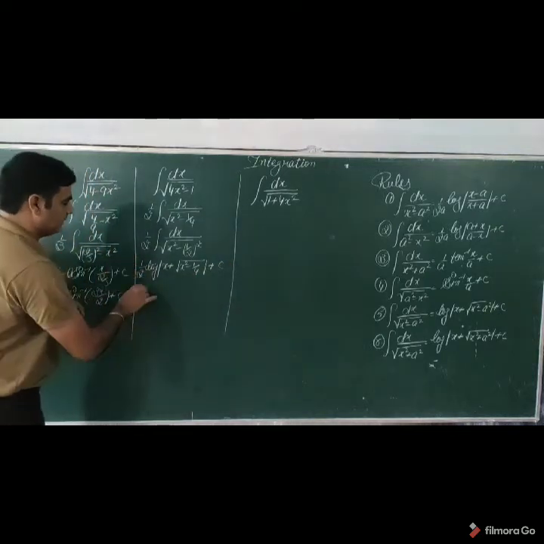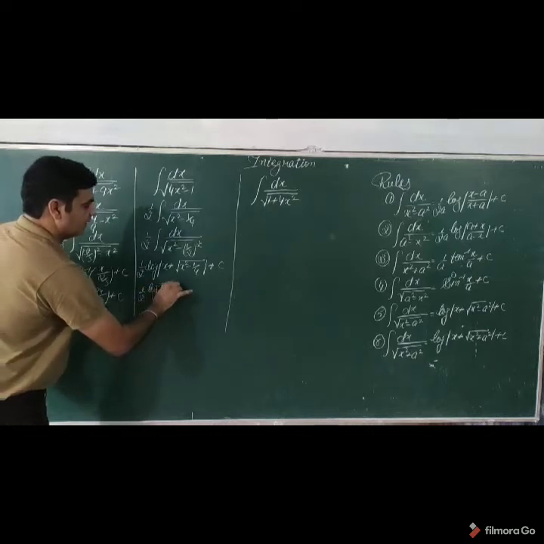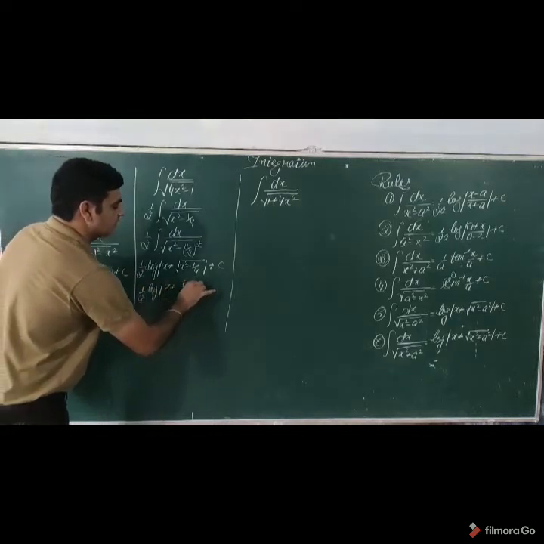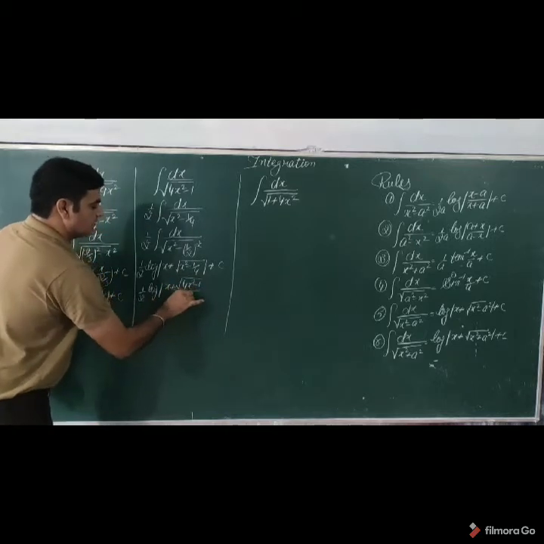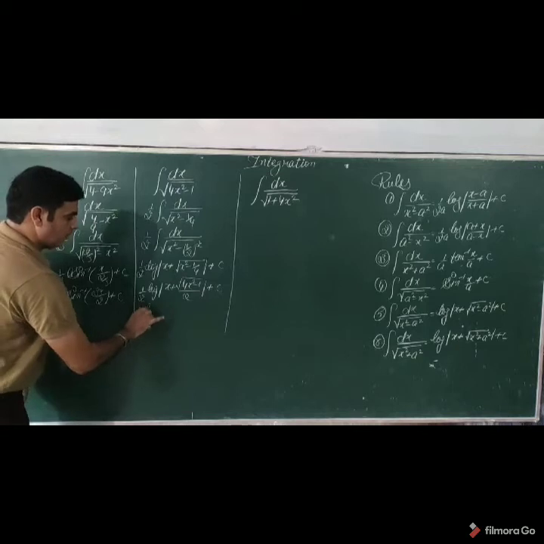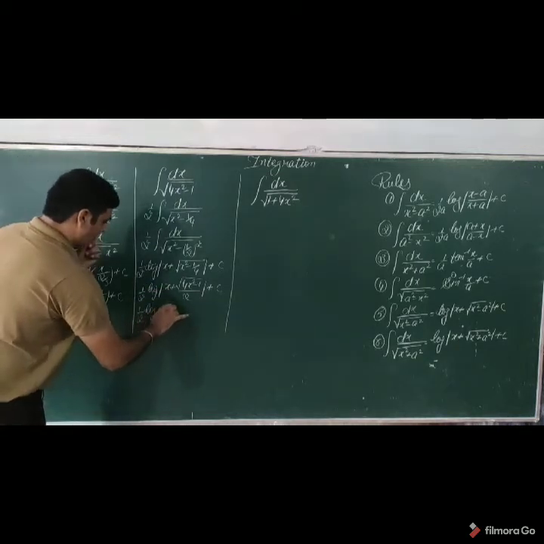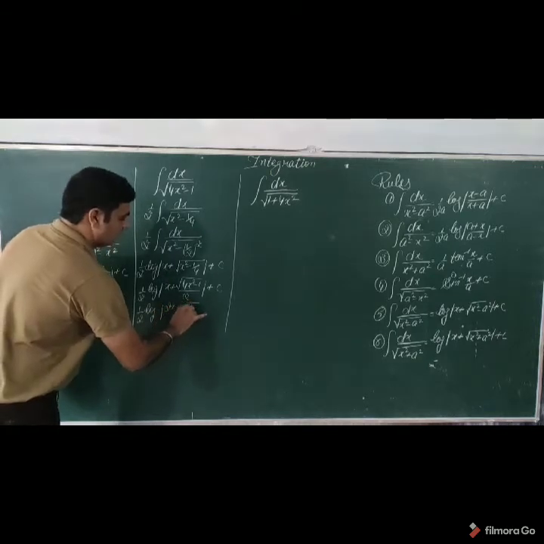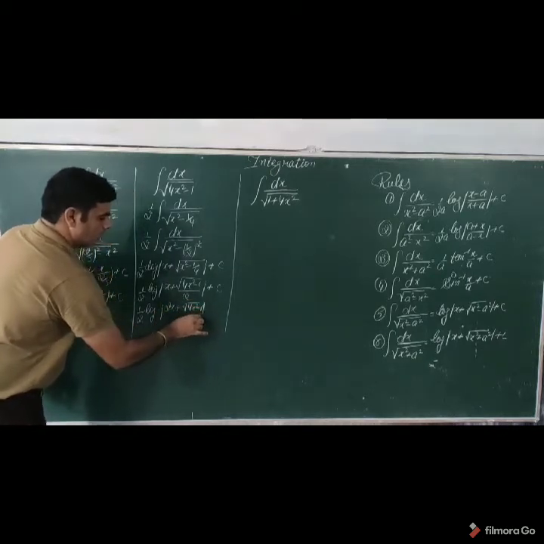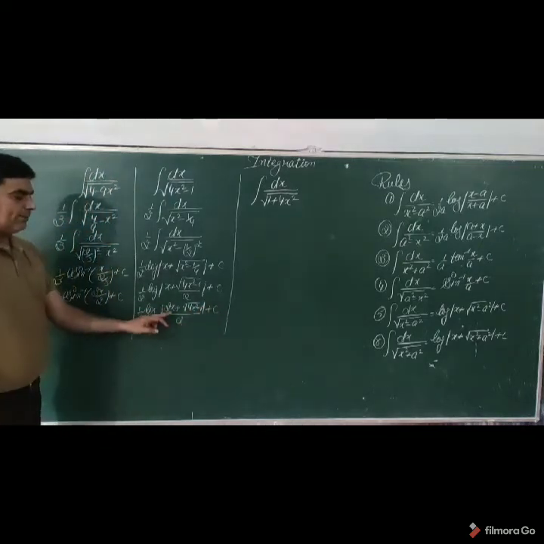We can also simplify. If we see here, it can be written like this: the square root of 4x square minus 1, in square root. 4 comes outside. So 1 by 2 log of, if we take LCM, it becomes 2x plus the square root of 4x square minus 1, by 2. So we are going to apply the property log m minus log n.